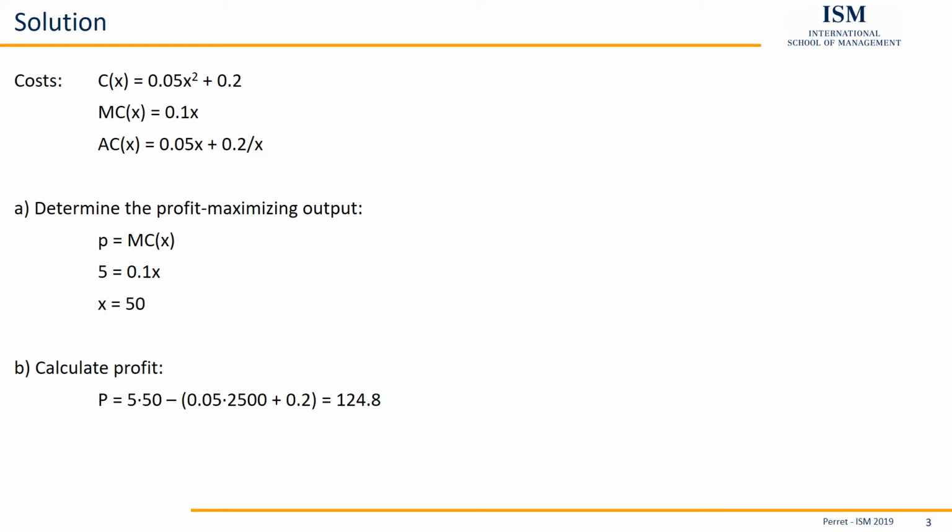So this looks as follows: 5 times 50 revenues minus, then we insert the 50 into the cost function, so 0.05 times 50 squared, so 2,500, plus 0.2, giving a total profit of 124.8. And that's all there is to part B.